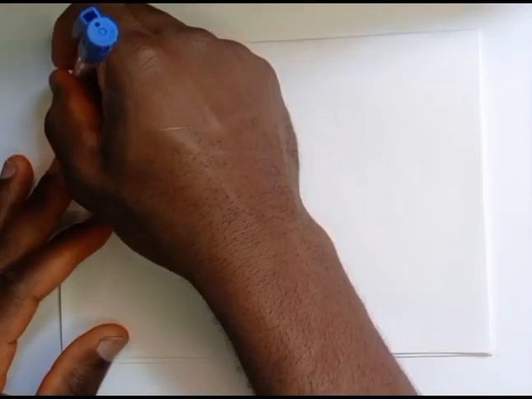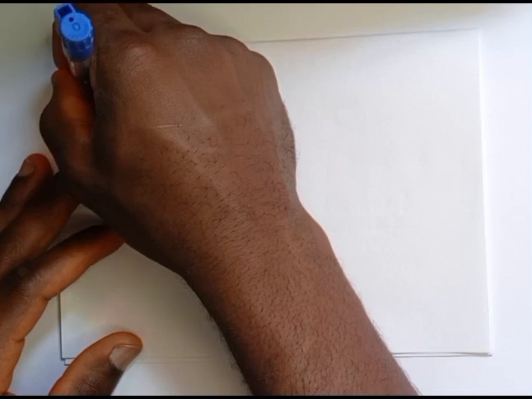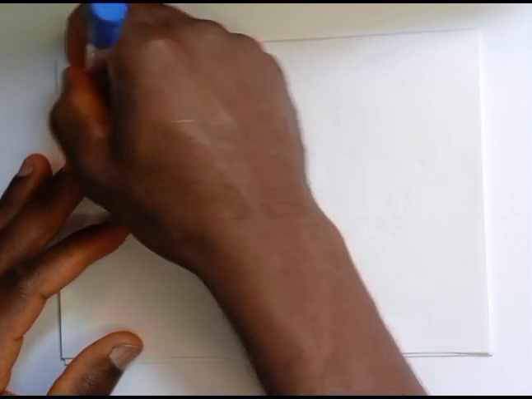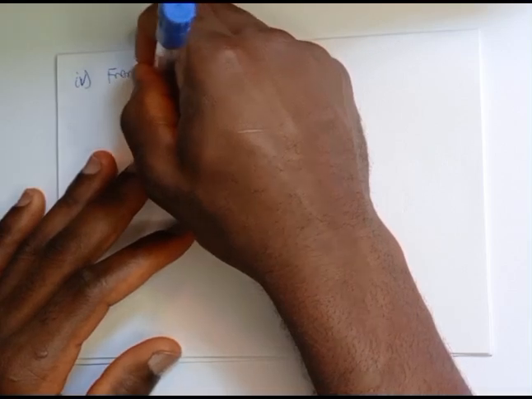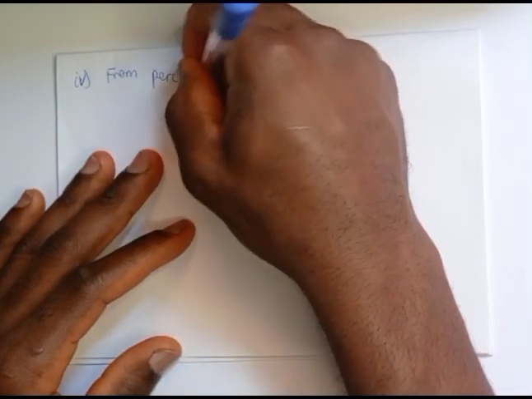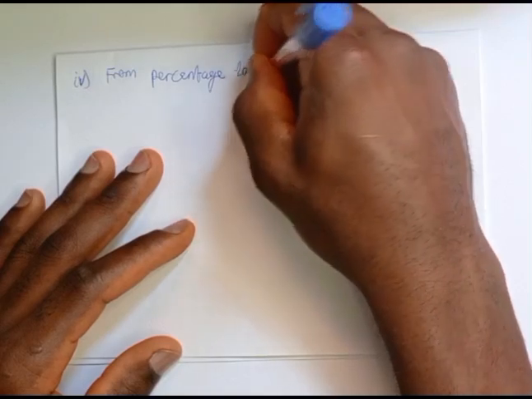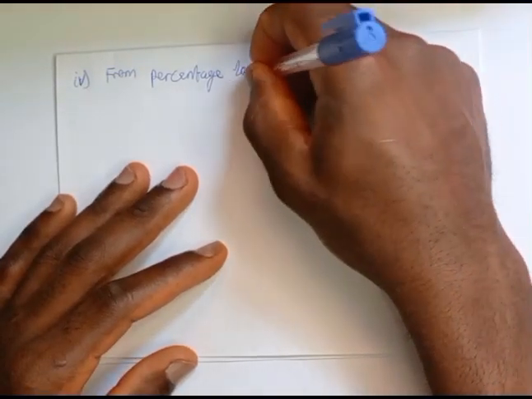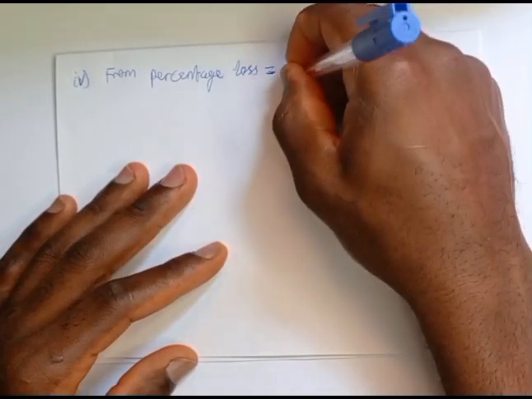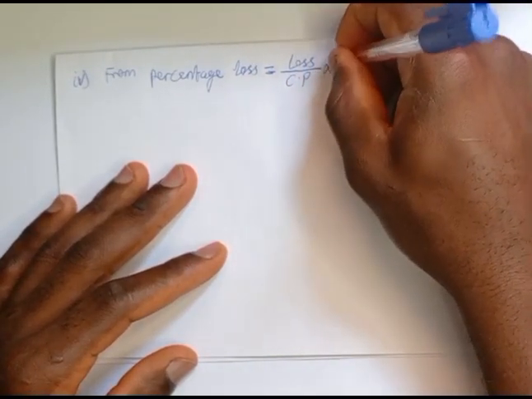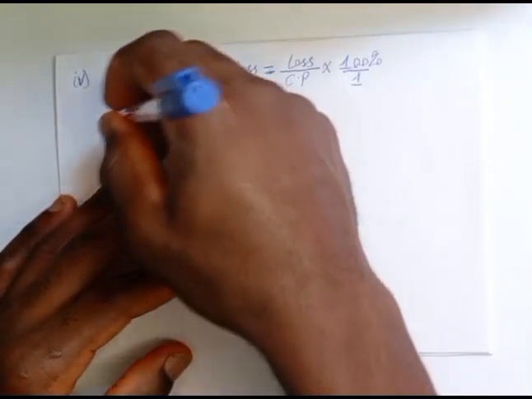We go to IV, from percentage loss, which is equal to the loss all over the cost price times 100% over 1.